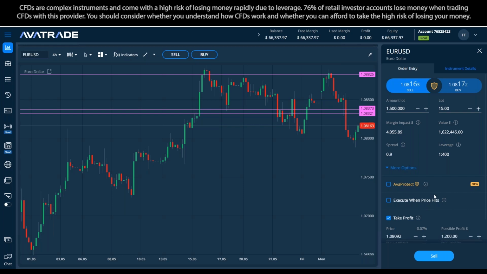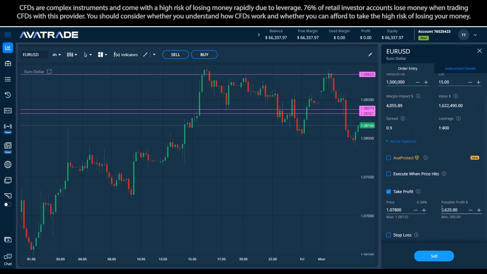If the current price is 108.16 and I'm selling, I might say 107.80. Maybe that's 35 pips down within the range movement that I expect from the past statistics in the 4 hours after the announcements. And I could take a look and say, oh, my potential profit is over 5,600.